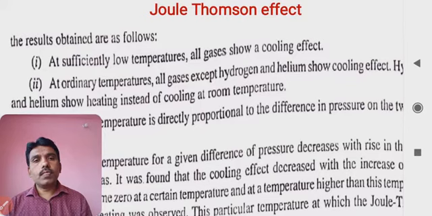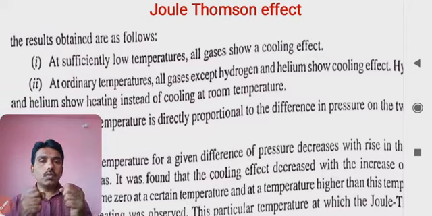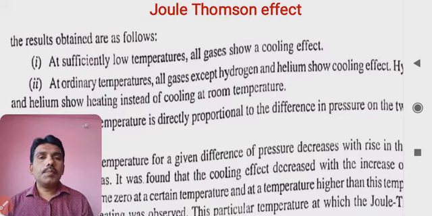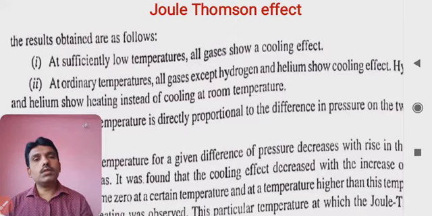That means as the gas passes through the porous material, the intermolecular distances increase and the volume of the gas increases. The temperature of the gas is reduced when it comes out through the porous material, and such an effect is called the cooling effect.